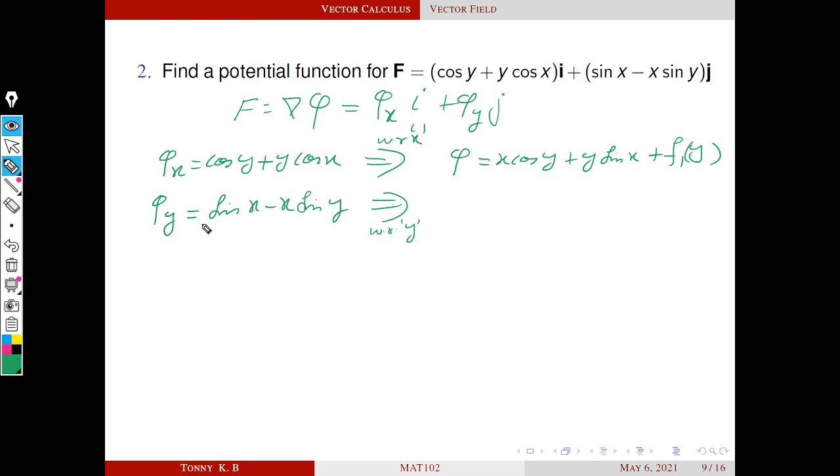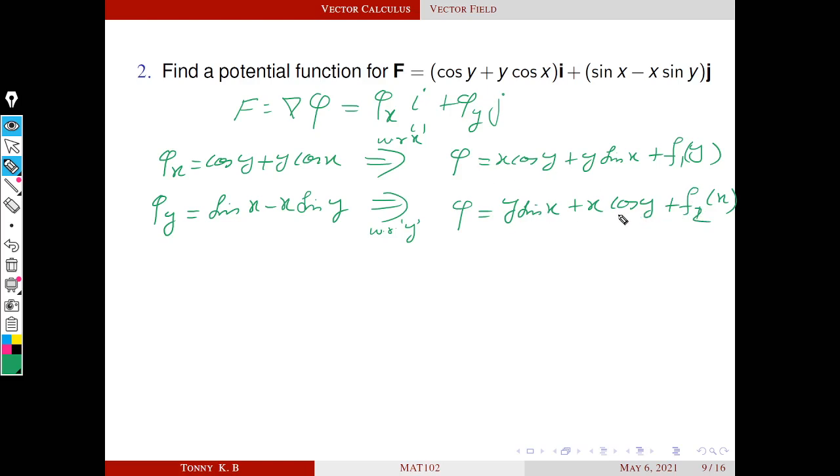Similarly, next we integrate this equation with respect to y, so LHS becomes phi. Phi is equal to, what is the integral of this function? This is y sin x, because we integrate with respect to y. So this is y sin x plus x cos y plus a constant of integration. In this case, the constant of integration is a function of x. You take another function, f2 of x. They are arbitrary functions.